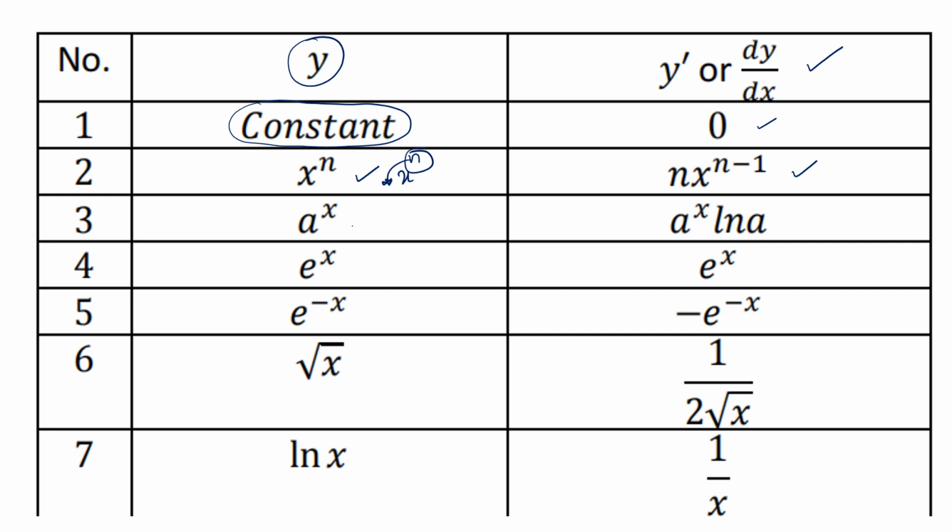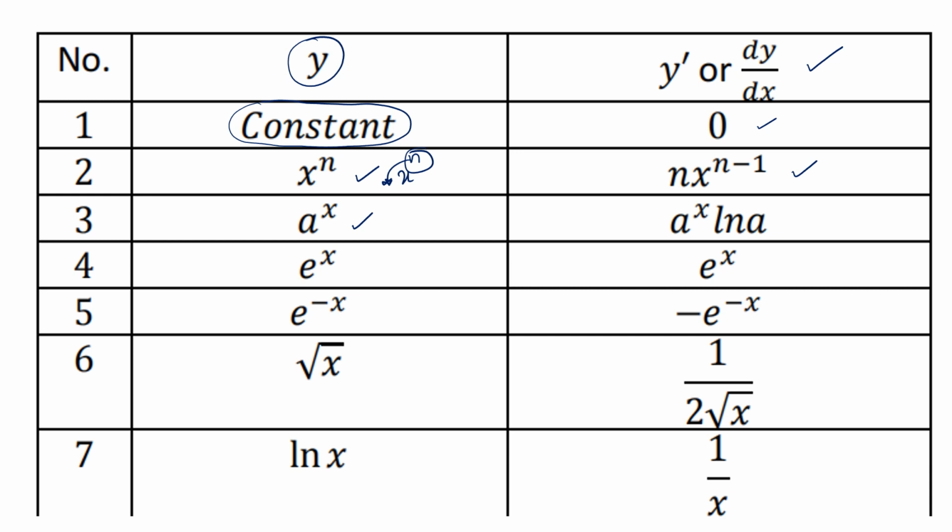But next you have to see a power x. a is a constant number. Power x, suppose 10 power x, 3 power x, like that. What is the derivative of a power x? We have a power x times ln a.